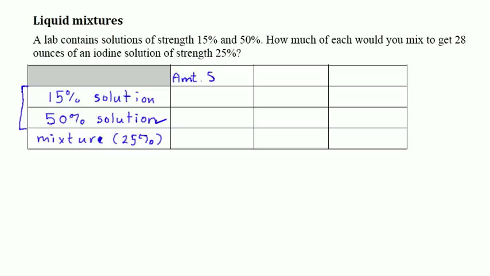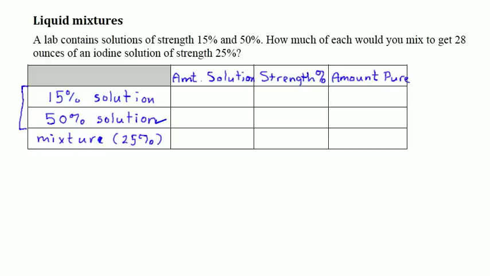So I'm going to abbreviate here. In my middle column, I have strength as a percent. And in my far right column, I have the amount of pure iodine. So it's another amount, but it's the amount of pure instead of the amount of solution.